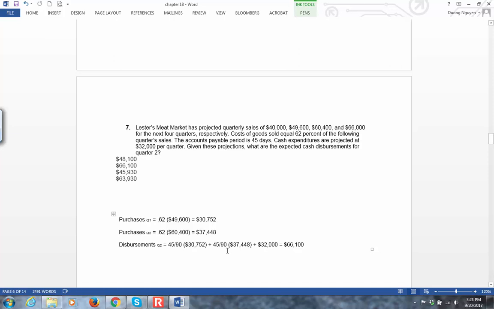So the cash outflow in quarter 2 will come from 1/2 payment from quarter 1 plus 1/2 payment in quarter 2 plus the capital expenditure 32,000. So the total amount of money is 66,100.